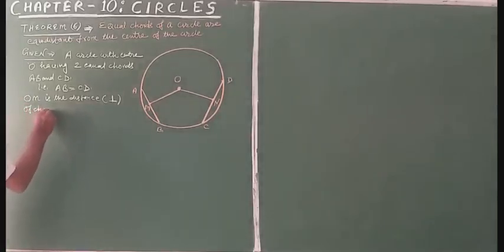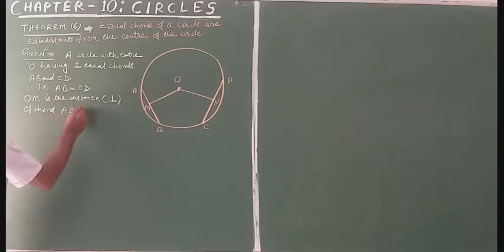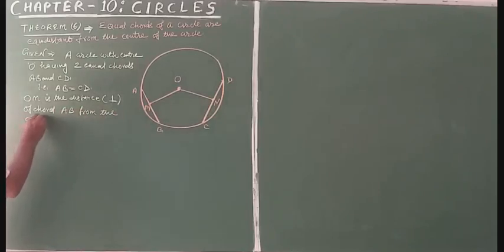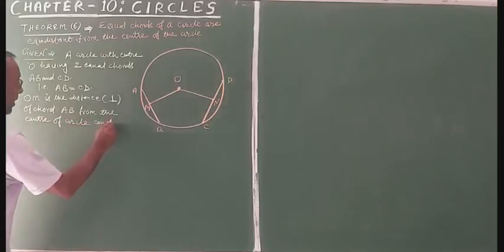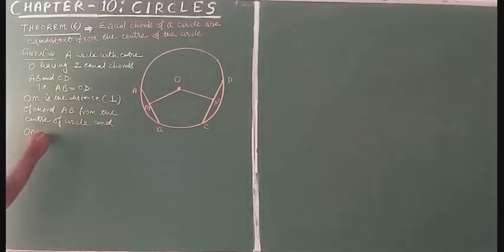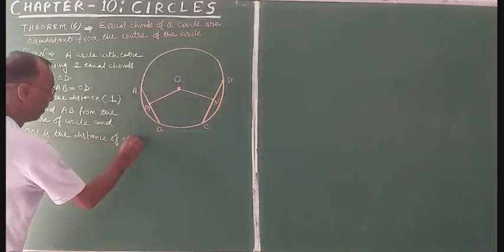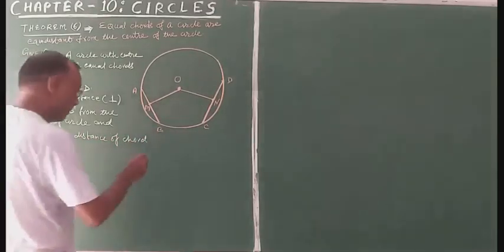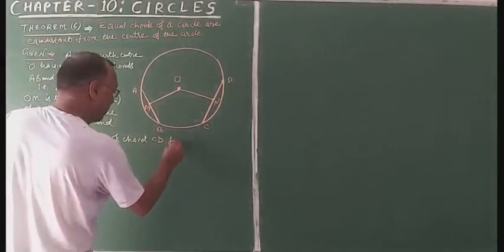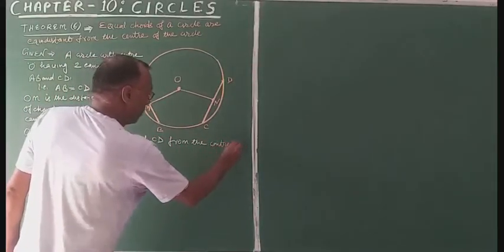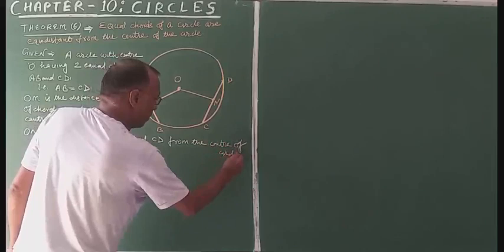of chord AB from the center of circle, and ON is the distance of chord CD from the center of circle.